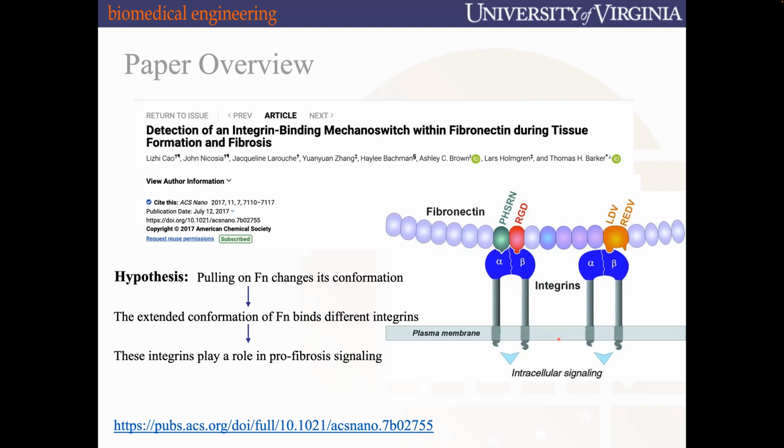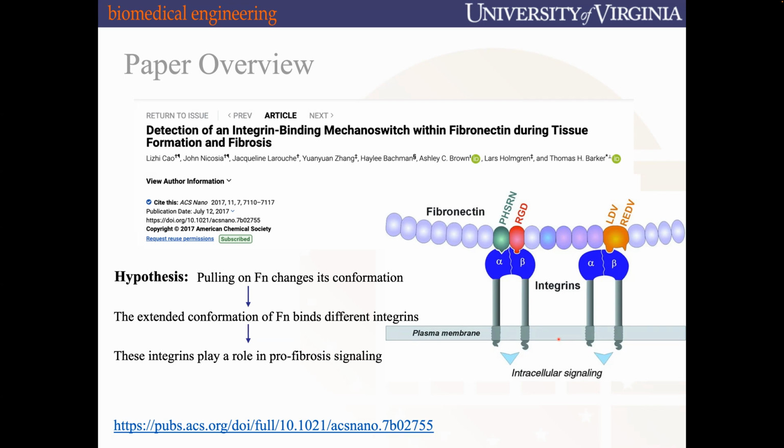And as a reminder, this paper is about the extracellular matrix, is about fibronectin in particular, and this mechanoswitch that is known or thought to be known in fibronectin, where the different conformations of this protein can change the affinity for different types of integrins.